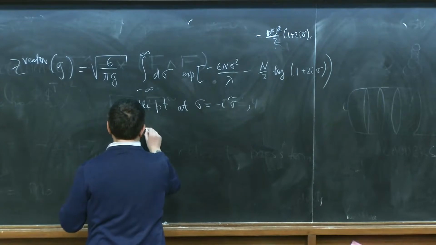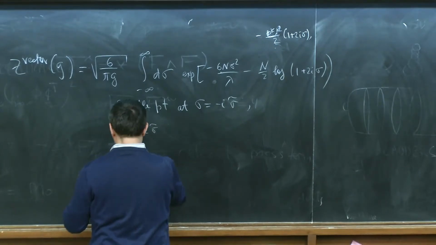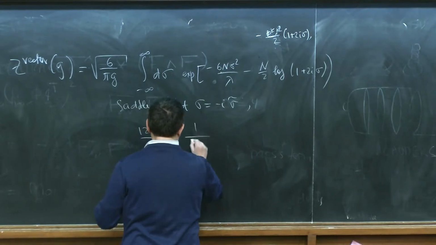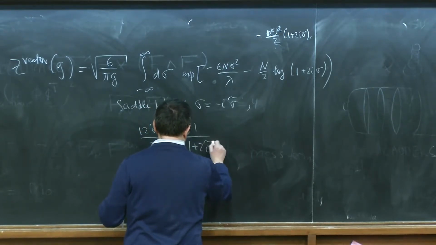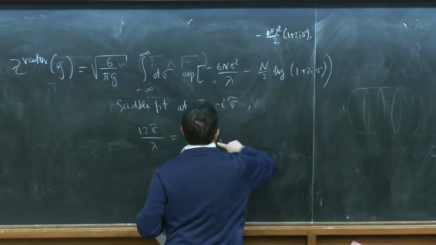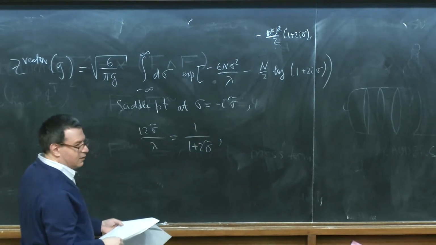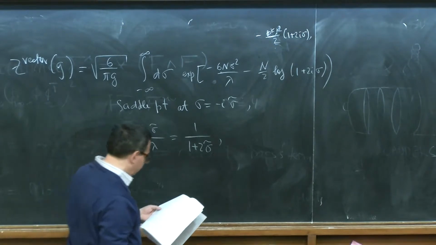You get 12 sigma tilde divided by lambda is equal to 1 over 1 plus 2 sigma tilde. Right, this term comes from here, and this term comes from here. And this is just a quadratic equation, right? So we know how to solve this.